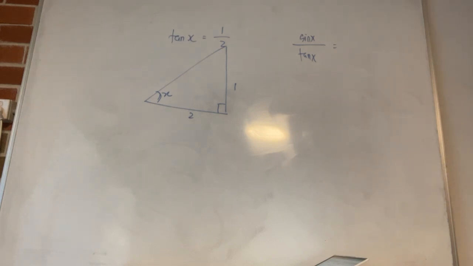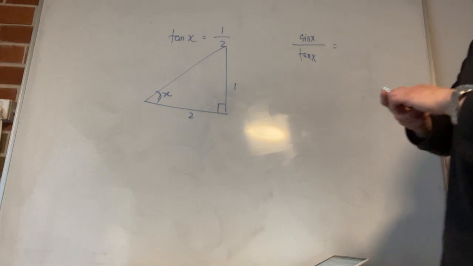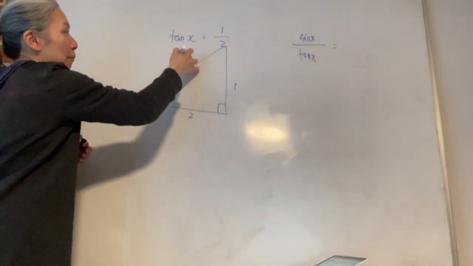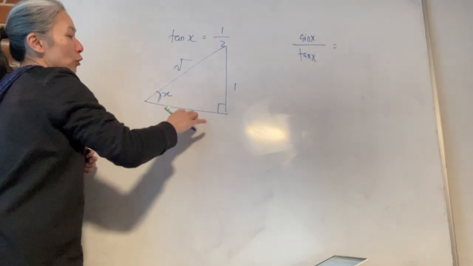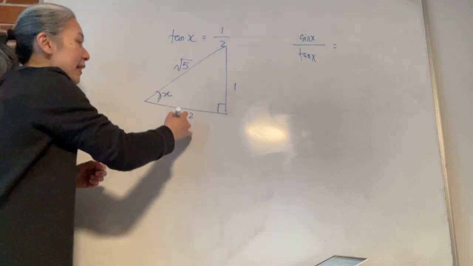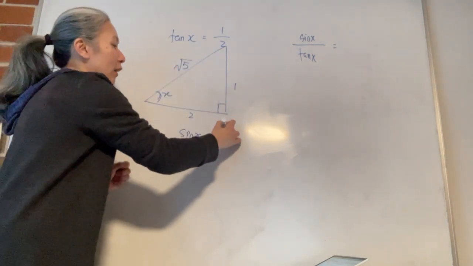Wouldn't it just be that sin x is 1 and cos x is 2? Oh no, you can't say that. I have 1 and 2 in here, so by Pythagoras theorem this side is 2 squared plus 1 squared, which is 5. That means sin x is going to be 1 on root 5.